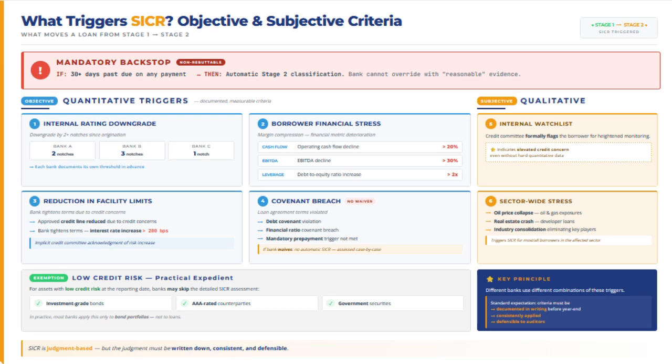Borrower financial stress: margin compression, EBITDA decline of approximately 20% or more, and a deterioration in leverage ratios increasing by 2 times. The facility limit reduction: the bank is tightening credit limits due to credit concerns, and this is objective evidence of the deterioration. These require judgment but must be documented.